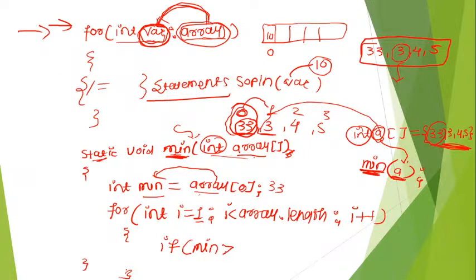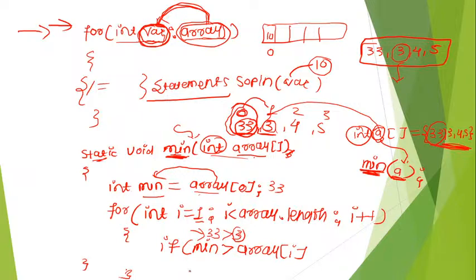If this 33 is greater than array of i, and here array of i means the 3, since min is 33 and array of i is nothing but our 3. So if this 33 is greater than this 3, then you can simply switch it.